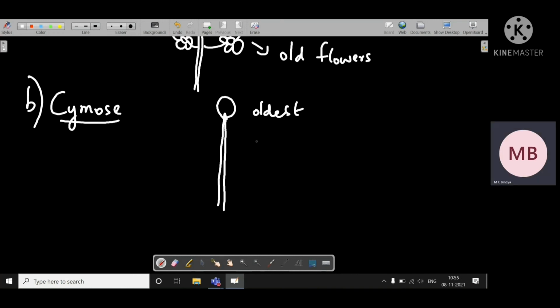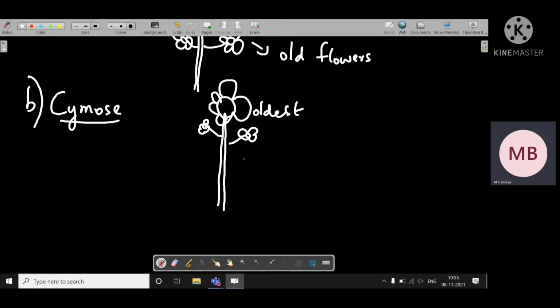The main axis terminates in a flower. Now the other flowers, that is the new flowers, will be born at the base. At the base of the oldest flower, new flowers will be born.